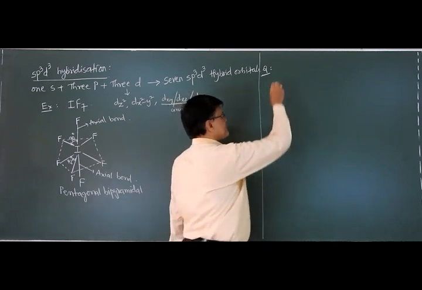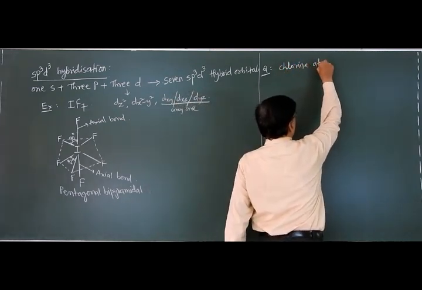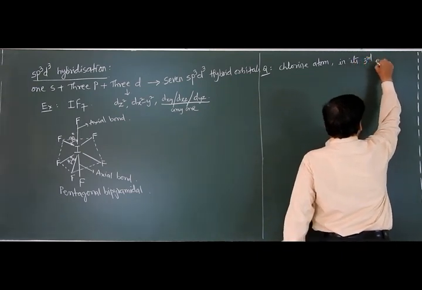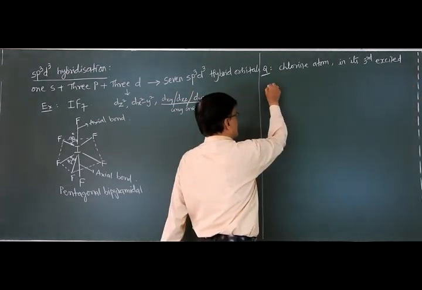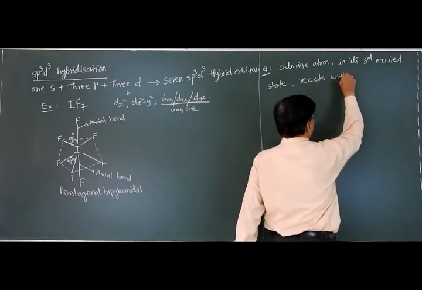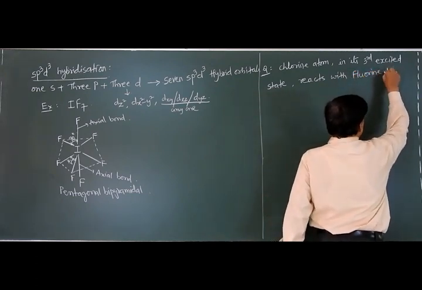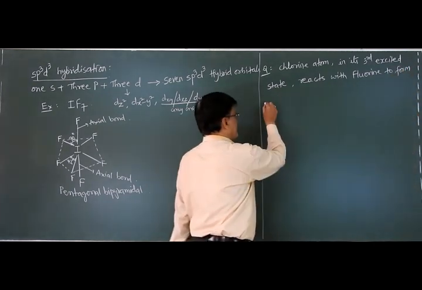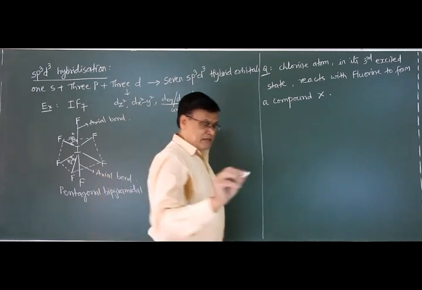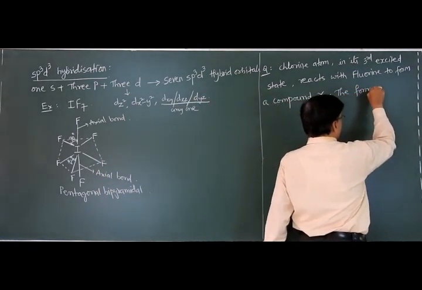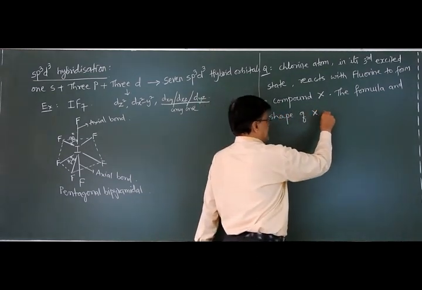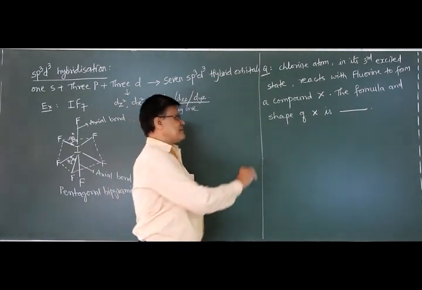A chlorine atom in its third excited state reacts with fluorine to form a compound X. The formula and shape of X is asked. The question will be like this. Now what is the solution?